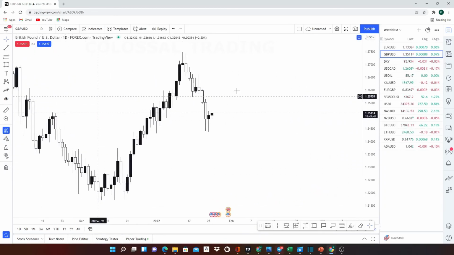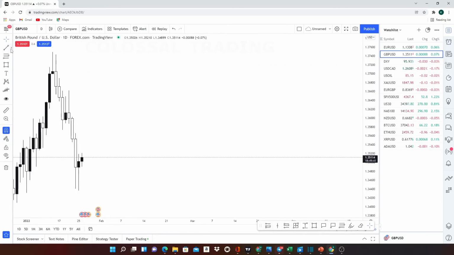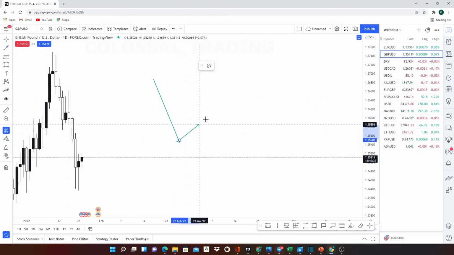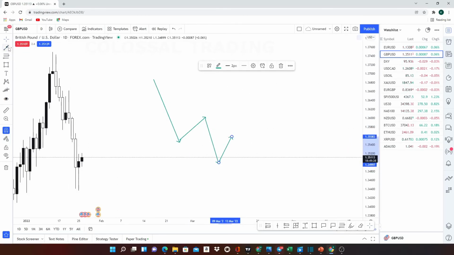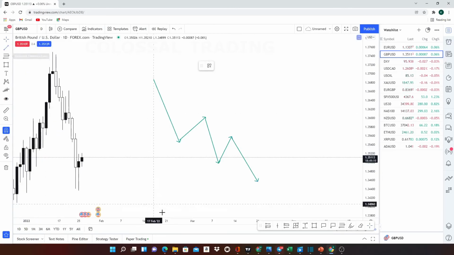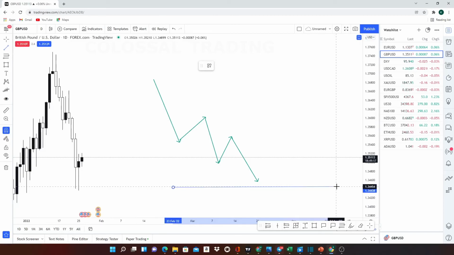Let's say, for example, I see price coming down, making lower highs, and I'm selling as it's coming down, enjoying the sell. Cool. And I look on my weekly chart, and let's just say on my weekly chart, boom, there's a level right here that's a weekly bullish order block.